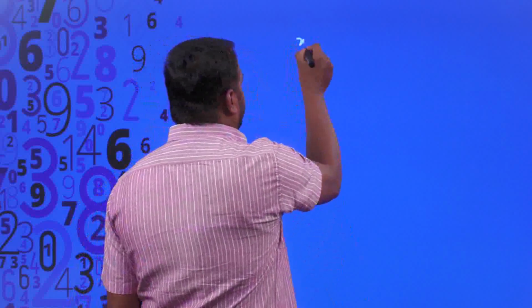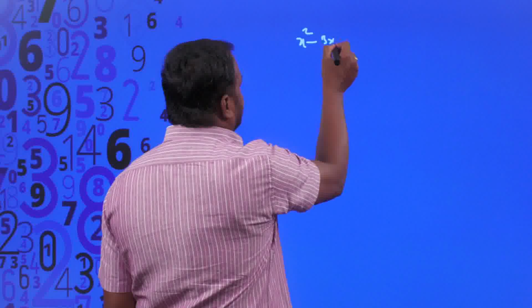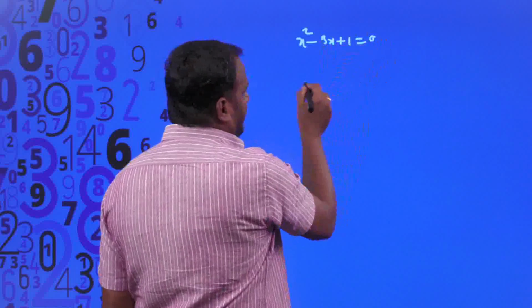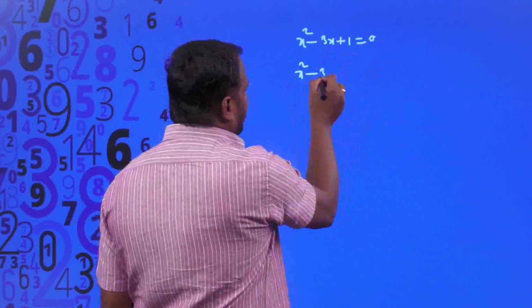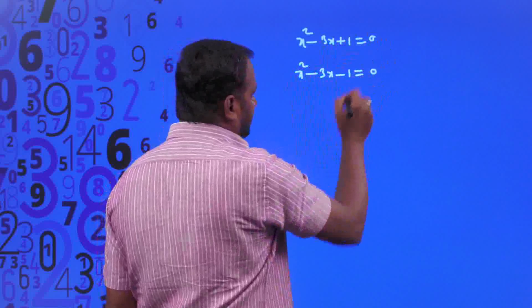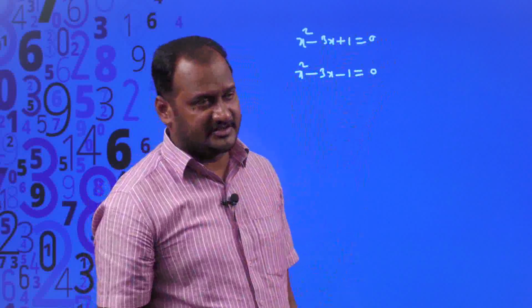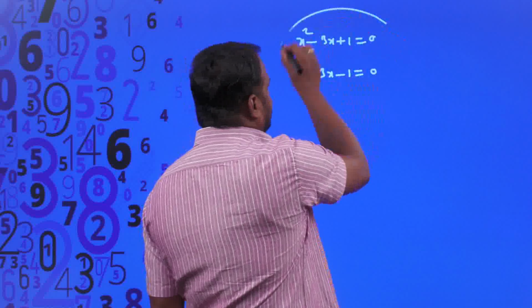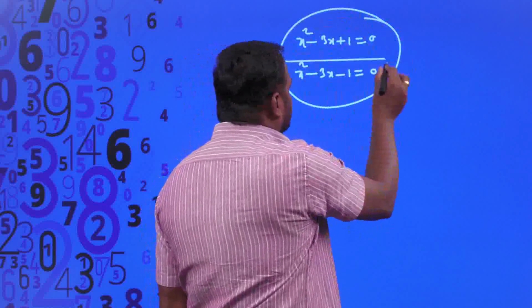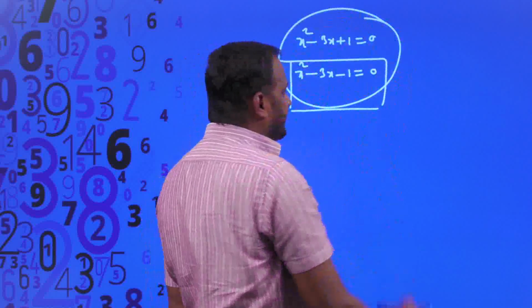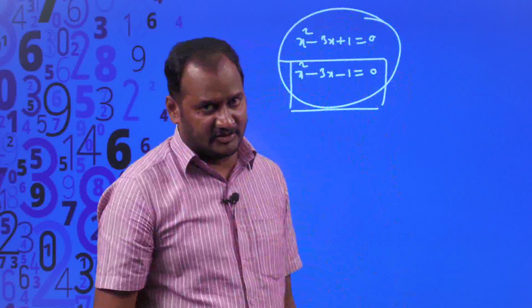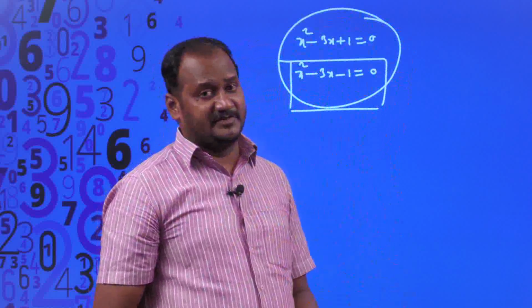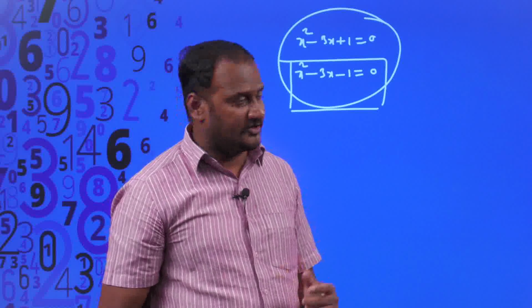I have x square minus 3x plus 1 is equal to 0, and I have x square minus 3x minus 1 is equal to 0. In these two quadratic equations, you can easily say something about the second one, x square minus 3x minus 1 is equal to 0, without actually finding the value of b square minus 4ac. You know how?